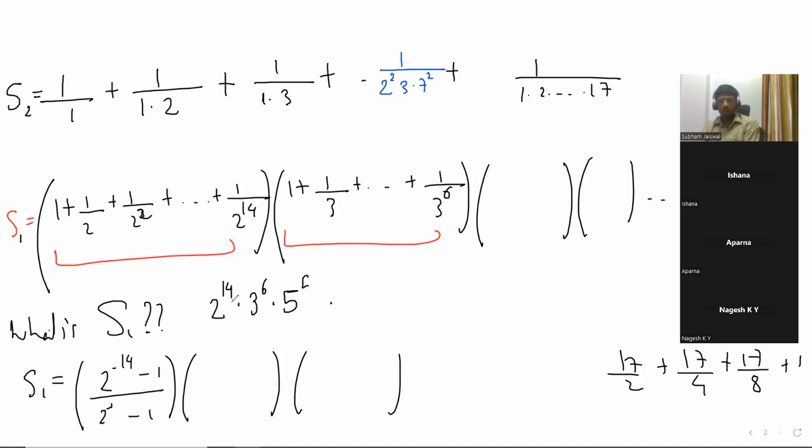But if you look at this number, 2 to the 14 times 3 to the 6, 5 to the something and so on, what is this number? Well, it is 17 factorial. That's how we made it. So basically, you look at the number 17 factorial, and then you ask: what is the sum of the reciprocals of the divisors of 17 factorial?